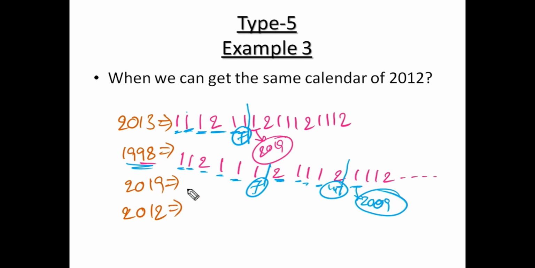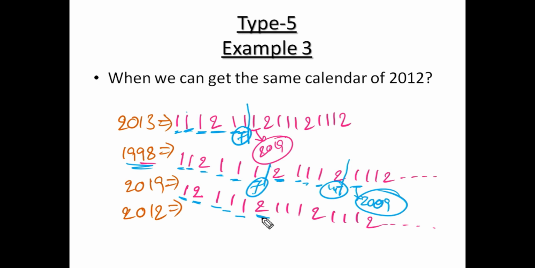And next, 2019. Is 2019 a leap or non-leap year? Non-leap, 1. 2020 is a leap year, 2. From here onwards 1, 1, 1, 2, 1, 1, 1, 2, 1, 1, 1, 2 and so on. So add the days: 1 plus 2, 3, 4, 5, 6, and 8. 7 is missing, so stop at the next multiple.